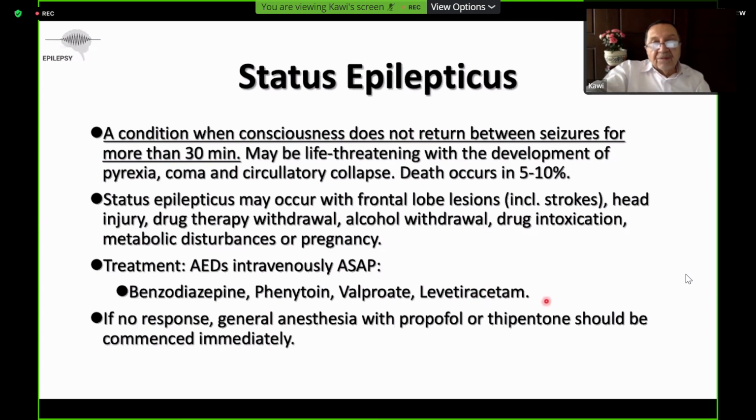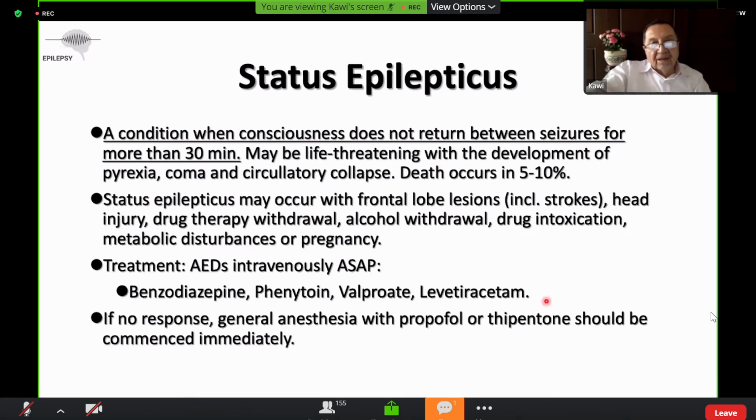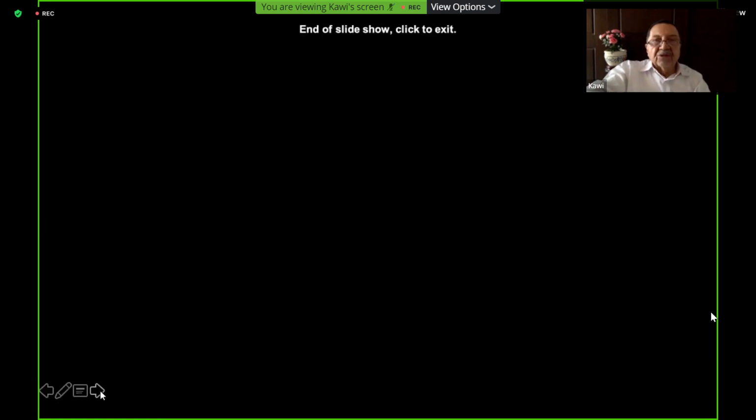Other anti-epileptic medication that has no intravenous formulation is not used, like Tegretol, like carbamazepine, like topiramate, and so on. If there is no response, then we go to general anesthesia with either thiopentone or propofol in very refractory status epilepticus. I think this is the last slide.